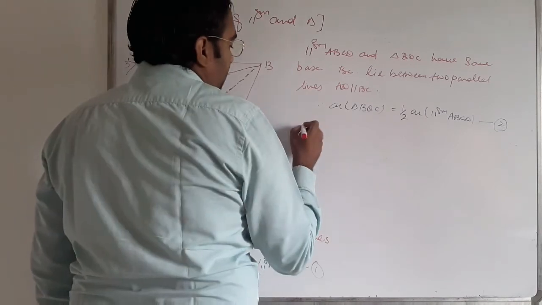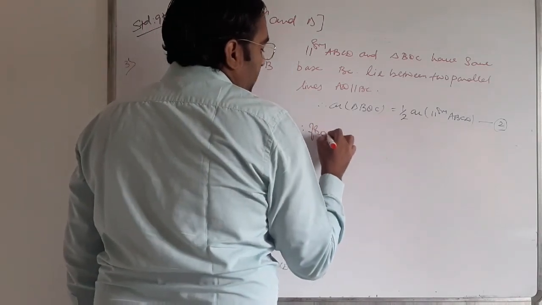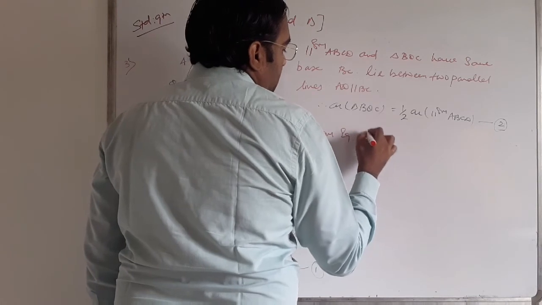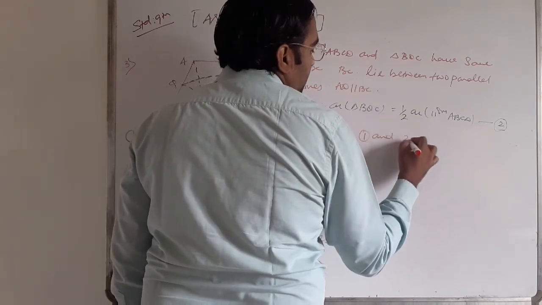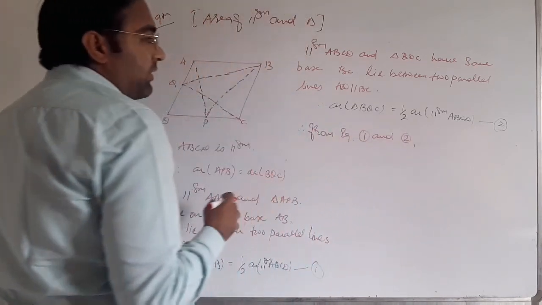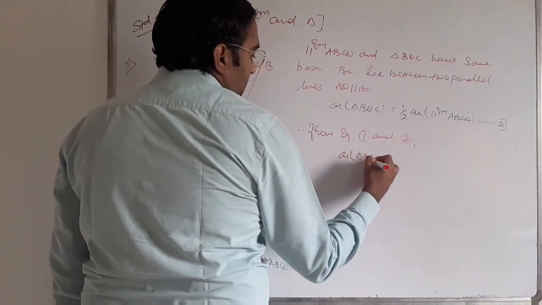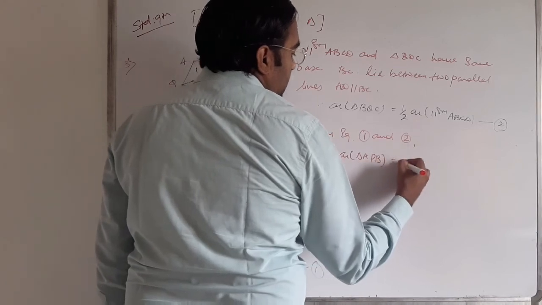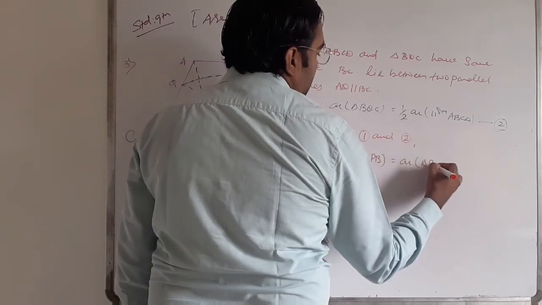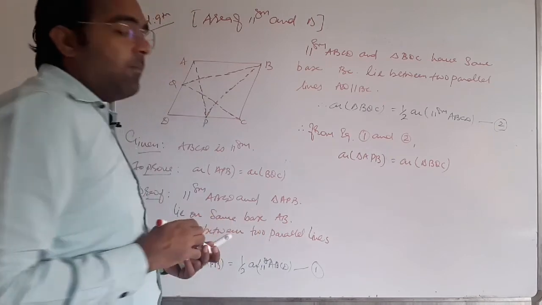Therefore from equation 1 and 2, we say that area of triangle APB is equal to the area of triangle BQC, okay.